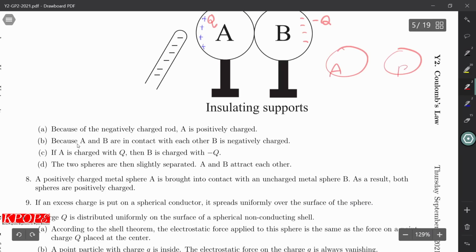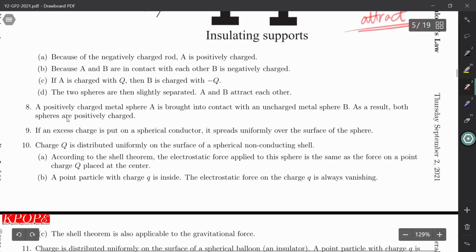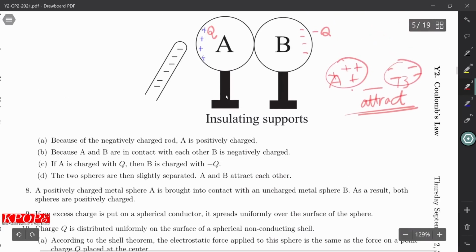A, B. This is plus and this is minus, so they have different signs and attract each other. Number 8. A positively charged metal sphere A is brought into contact with an uncharged metal sphere. These problems are very similar to those.